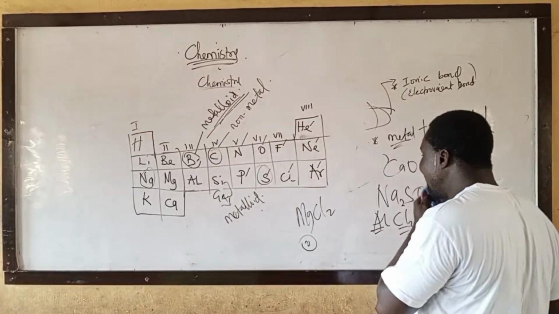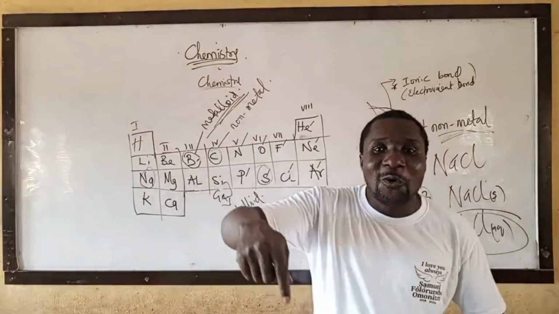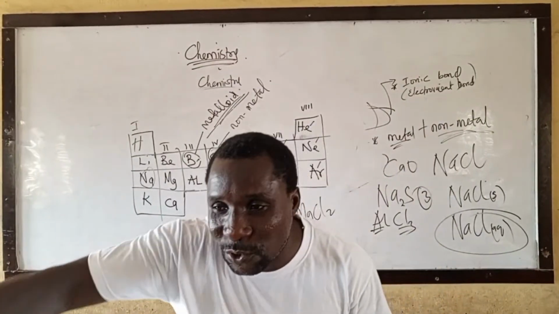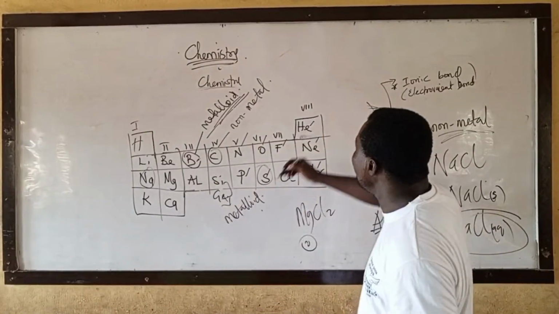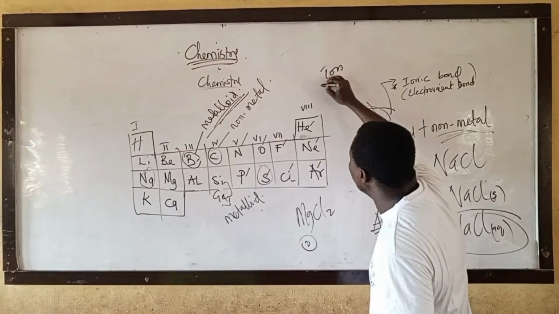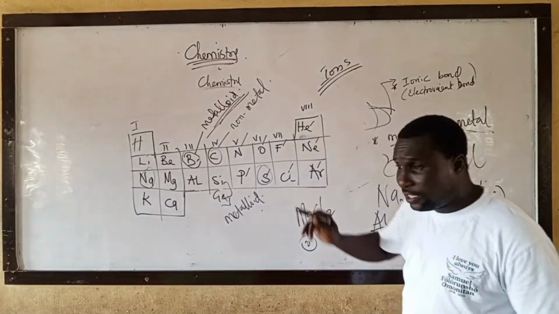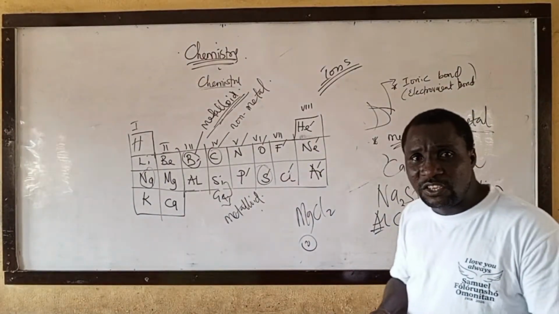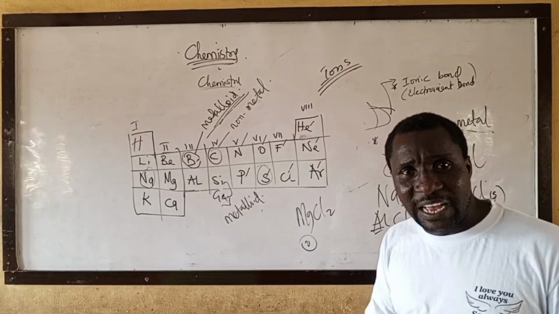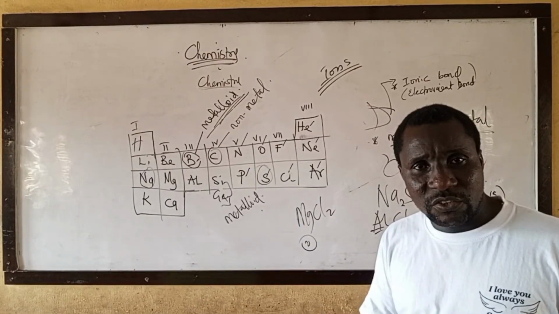If they ask why they conduct current in solution, it is because they have free movement of ions. Write it down: an ionic solution, such as sodium chloride.